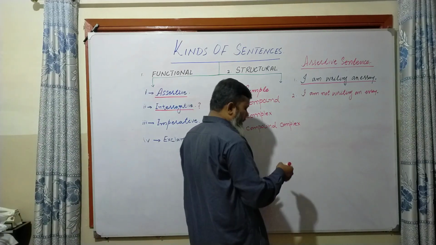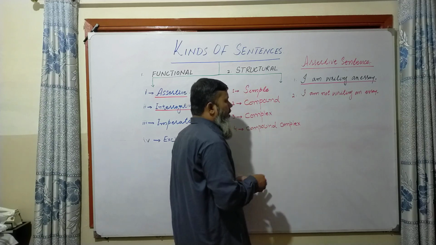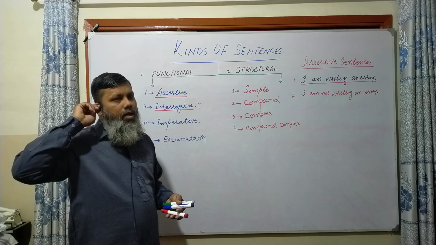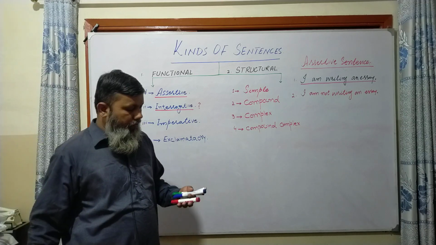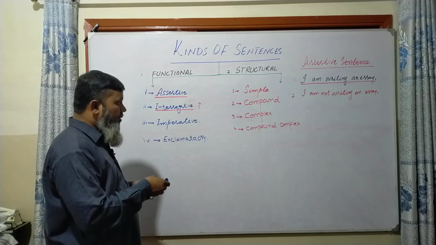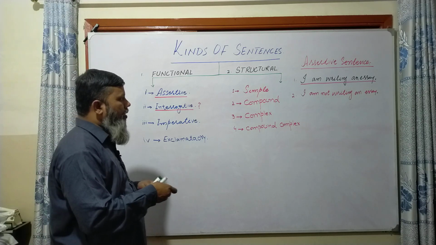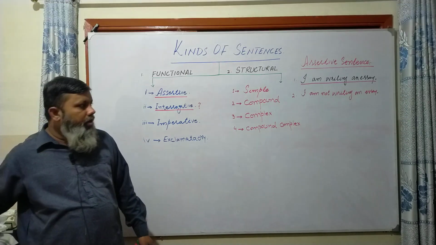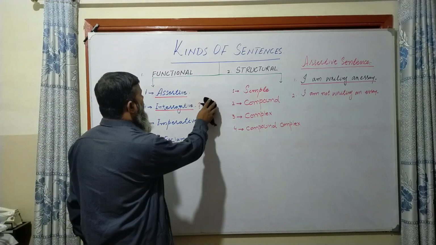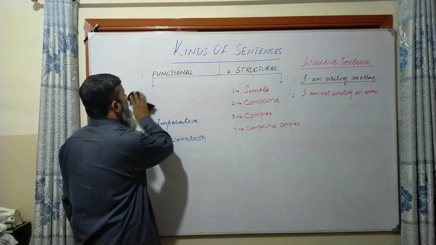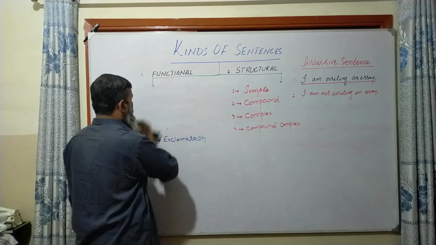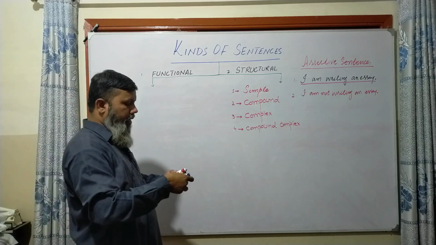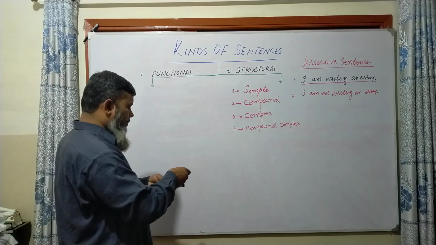Now, what is an interrogative sentence? I will define the interrogative sentence in two forms. Interrogative has two kinds as well. Look at the interrogative sentence. I'm going to remove this so that the vision would be clear.